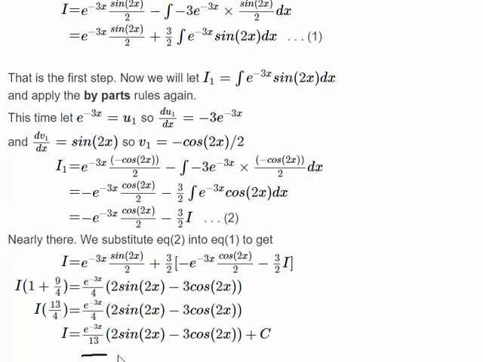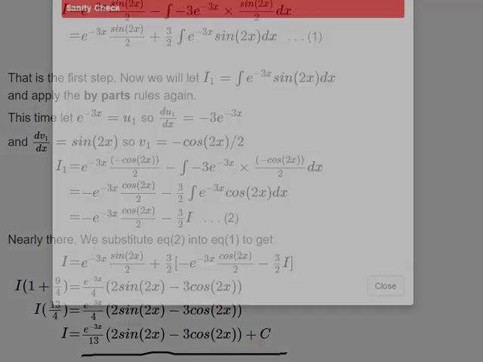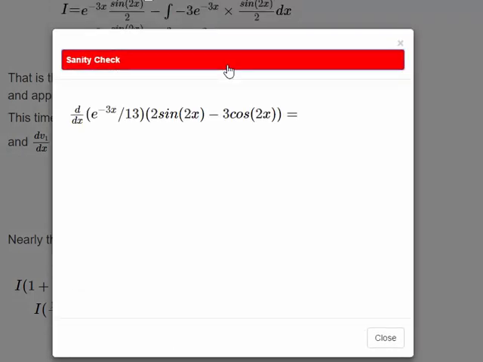Now we'll differentiate this expression to make sure we get back to where we started. The differential of e to the minus 3x over 13 brackets 2 sine 2x minus 3 cos 2x. This is of the form u v.